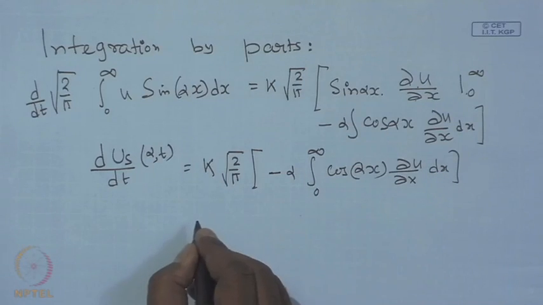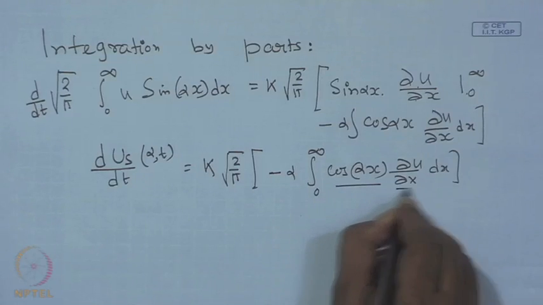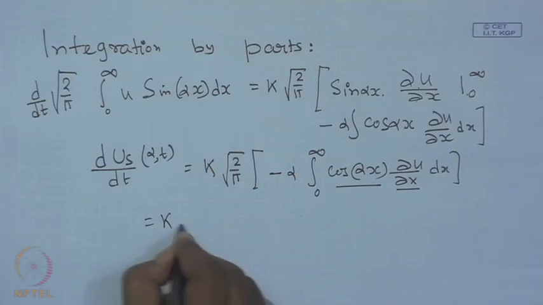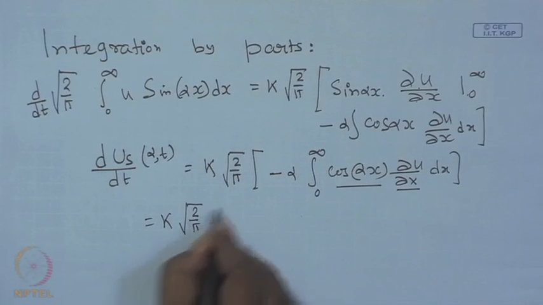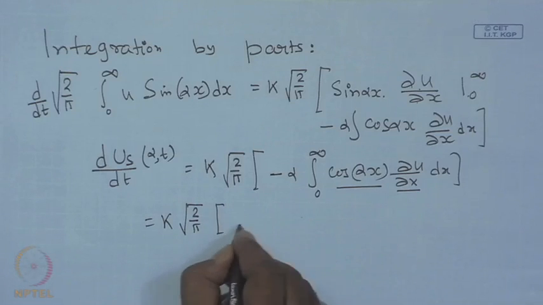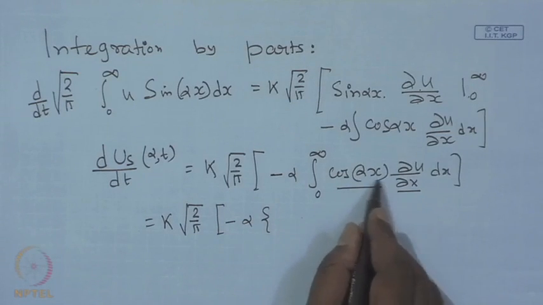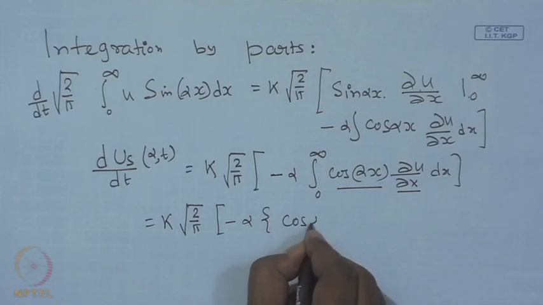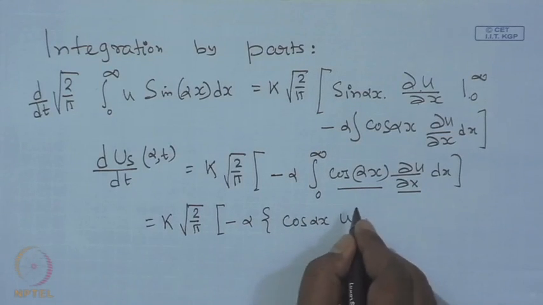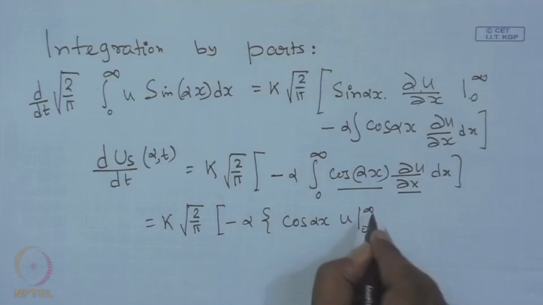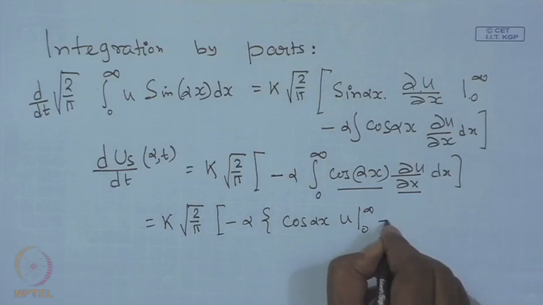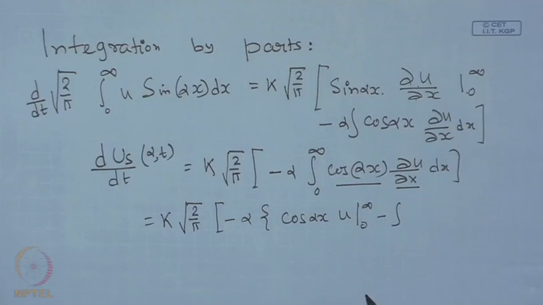Again we do integration by parts. This is the first function, this is the second function, k root over 2 over pi, minus alpha, second bracket: first function, integral of the second function cosine alpha x u, from 0 to infinity, minus integral derivative of first function.